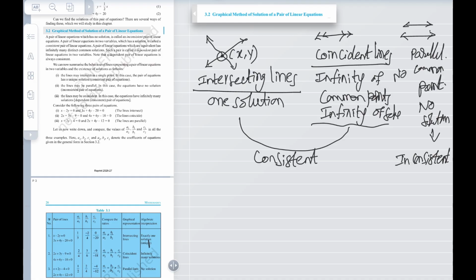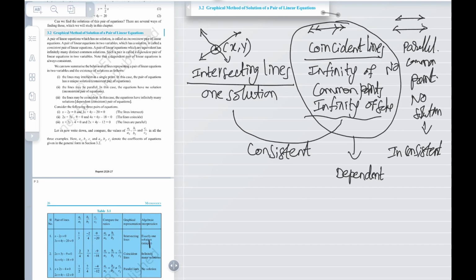And those having infinitely many solutions, we call dependent. Dependent means coincident lines. Consistent means intersecting lines as well as coincident lines will come. Inconsistent means only parallel lines. These are the three ways we can have the lines graphically.